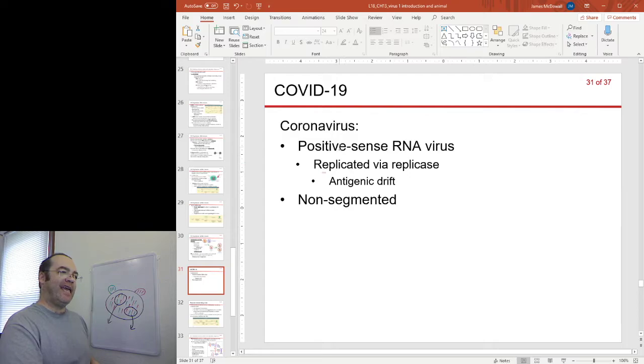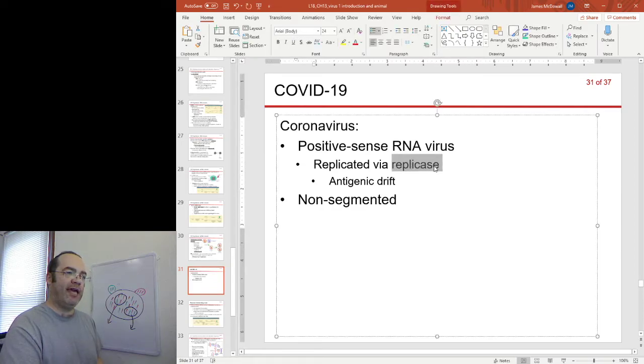Coronavirus is a positive sense RNA virus. The genome can be used directly as messenger RNA, and it can build proteins. One of those proteins will be replicase. Replicase is then packaged into the new virus particle.